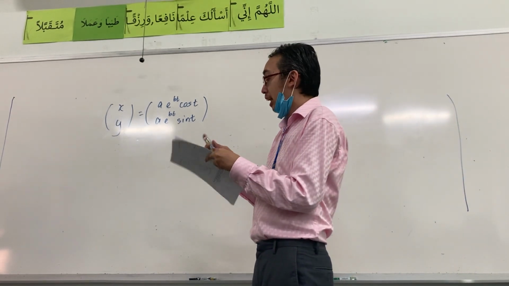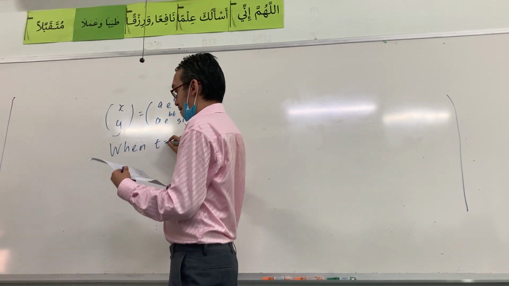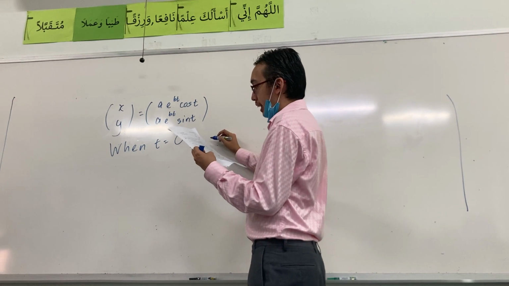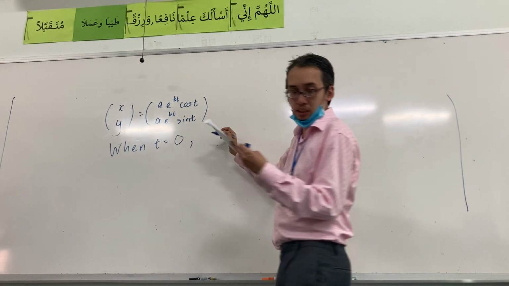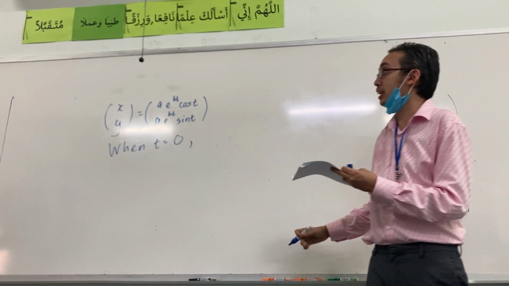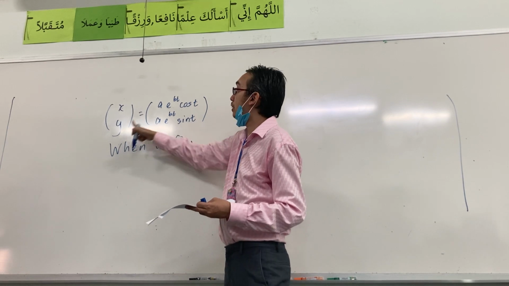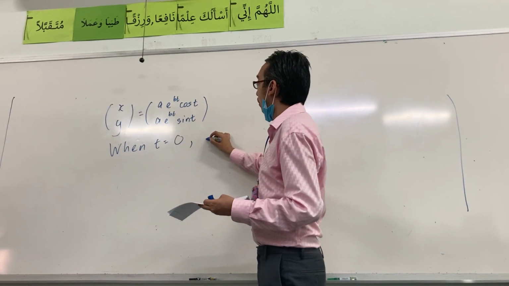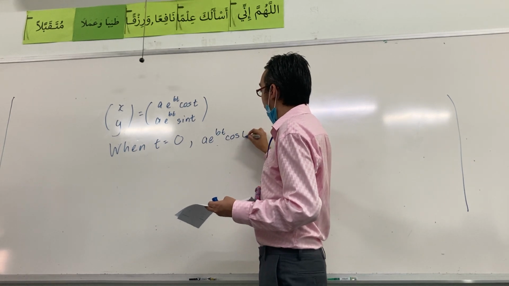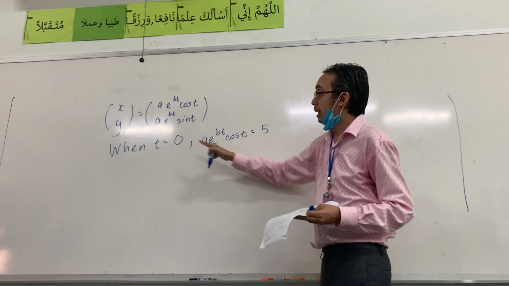Okay, so let's try. When t equals to 0, they say that the displacement is 5, 0. That means here this becomes 5, and here this becomes 0. So we can use the 5 here. Your A e to the BT cos T is equals to 5, but T becomes 0.